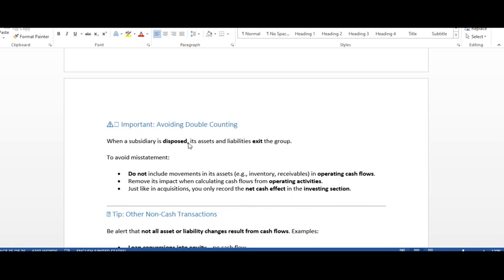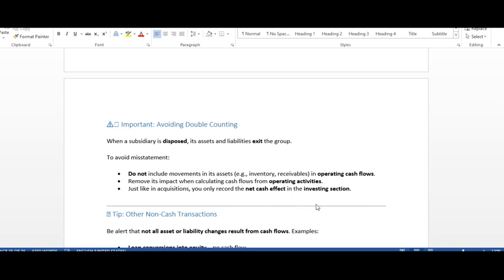Then also you remove its impact when calculating cash flows from operating activities. And just like in acquisition, you only record the net cash effect in the investing section. So that is what we have.